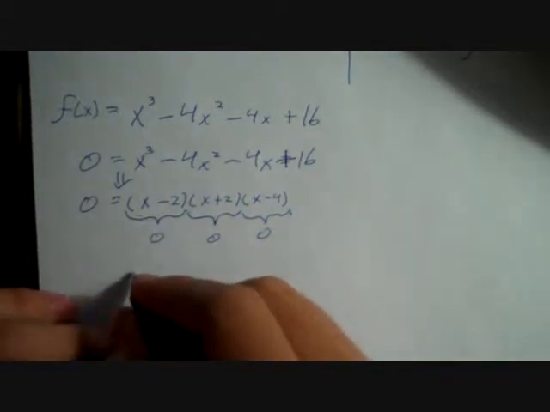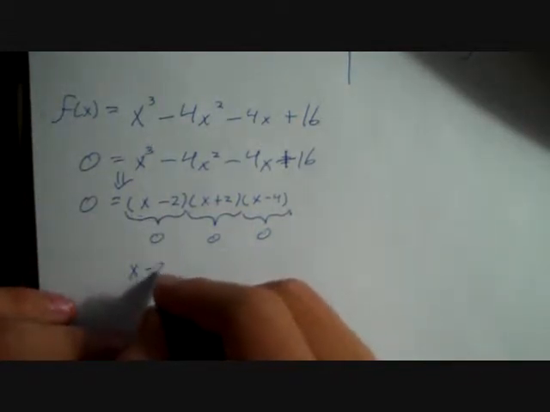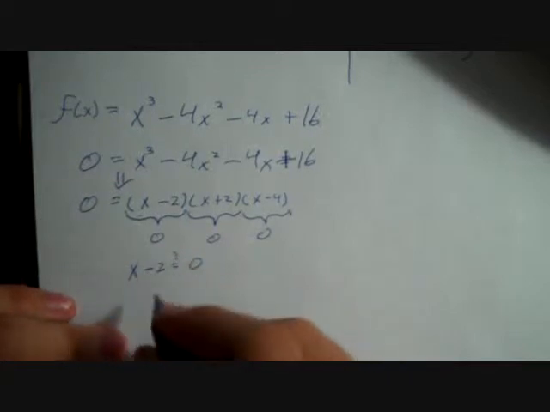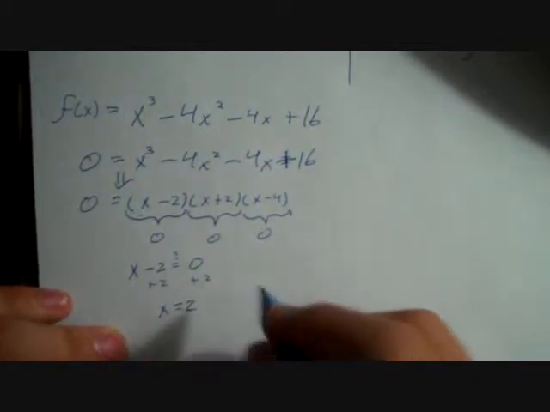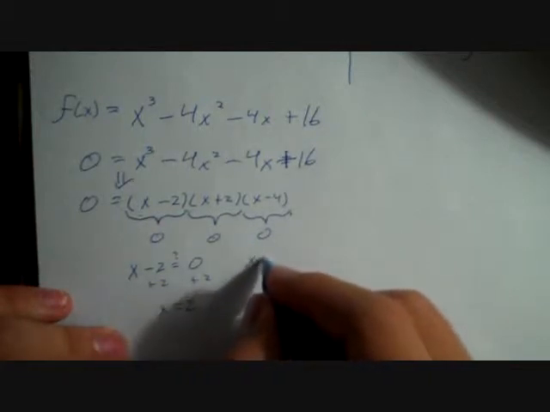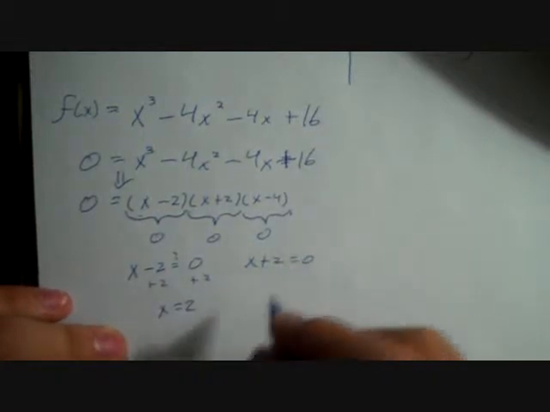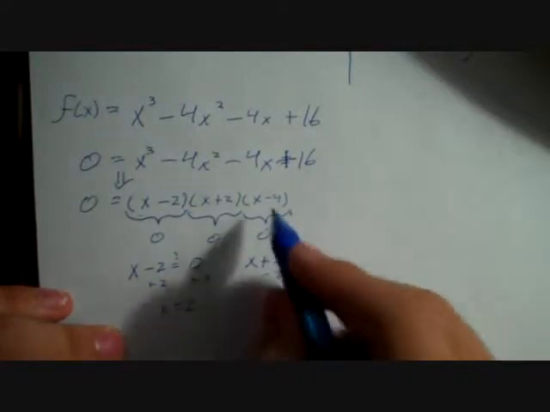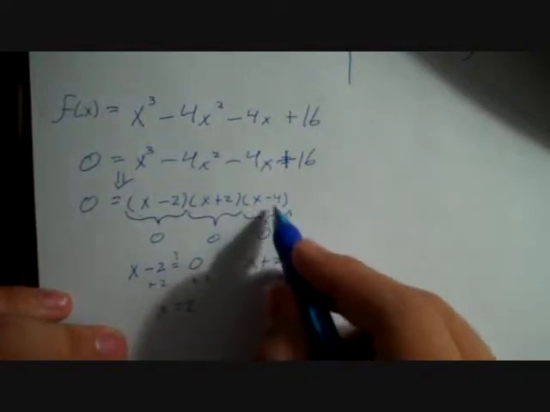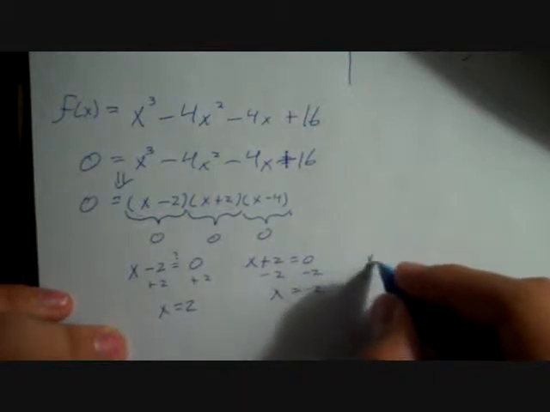So where is x minus 2 equal to 0? Well, that's easy. At x equals 2. Where is x plus 2 equal to 0? Well, that's easy. x equals negative 2. And where is x minus 4 equal to 0? Well, that's also easy.